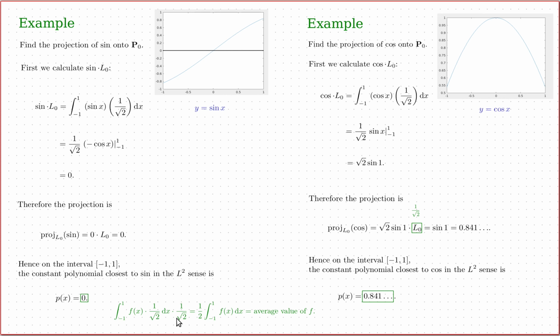Pull the constant out, combine it with this radical 2, and we're just taking 1/2 times the integral of f on the interval from -1 to 1. That is exactly the average value of f on that interval of length 2. So computing the projection onto the constant function, or the space of constant polynomials, is exactly equivalent to simply computing the average value of the function.